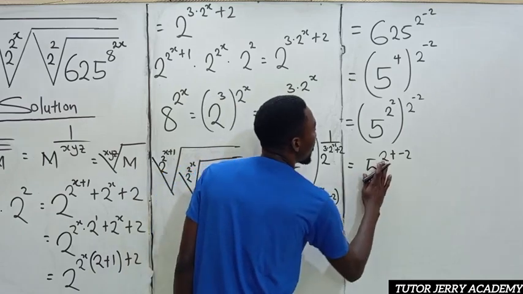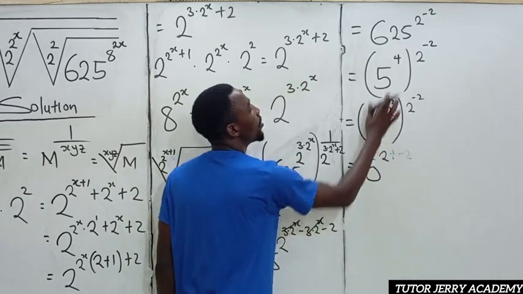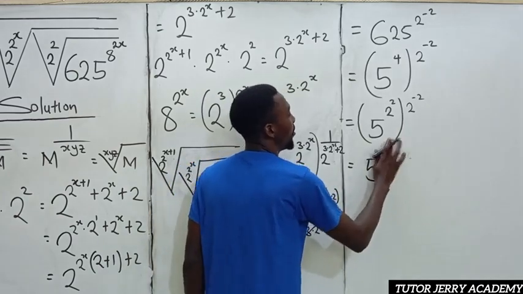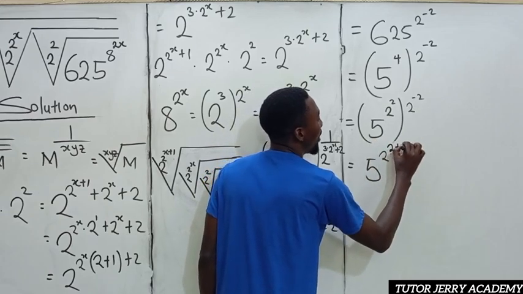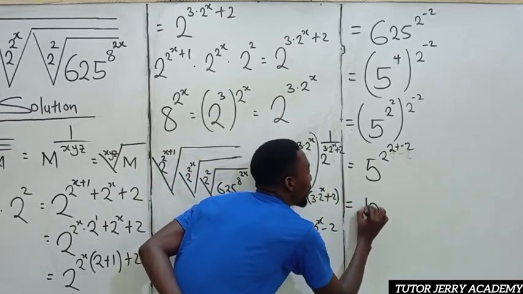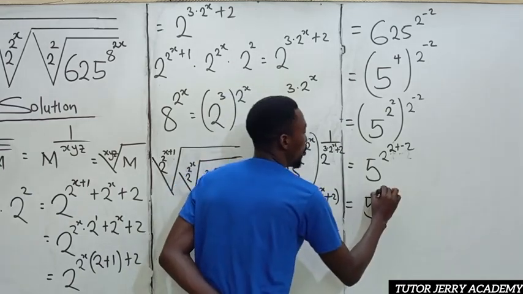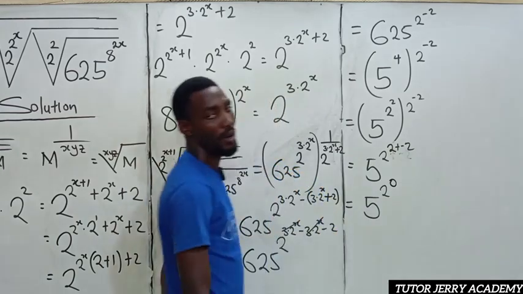Sorry, I made a mistake. This is supposed to be 2 to the power of 2 plus minus 2. All right. So now this will be equal to 5 to the power of 2 to the power of 2 plus minus 2, then 2 plus minus 2 is nothing but 0.